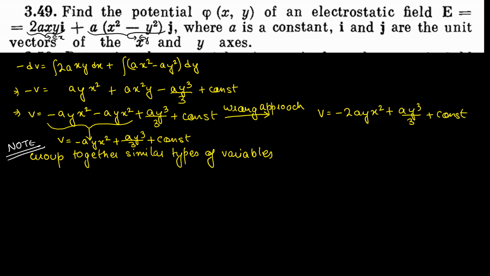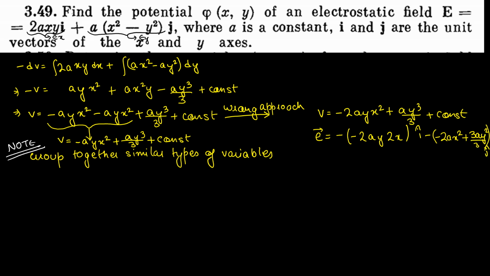So if I apply the formula here, electric field is equal to minus d of V. What is the value of V? The value of V is this entire term, no? So when I differentiate this entire term with respect to x, what do I get? I'll get minus 2ay into 2x plus 0, i cap. Now if I differentiate this entire term with respect to y, what do I get? Minus 2ax square y into 3ay square by 3 j cap.